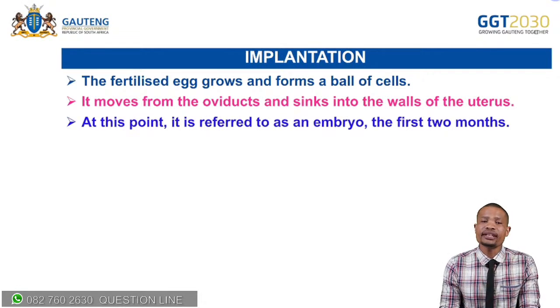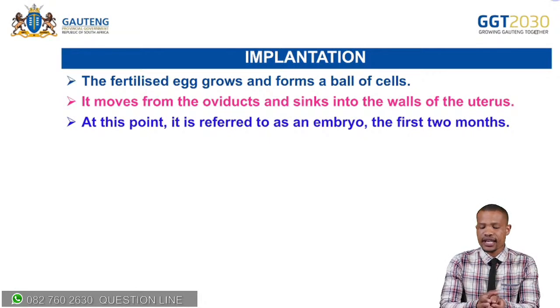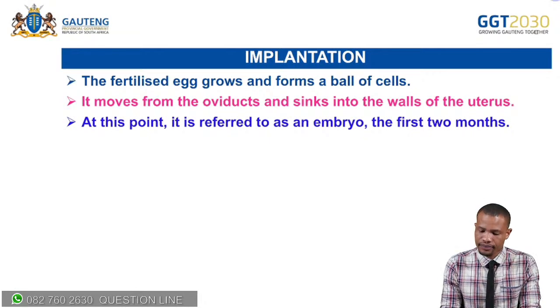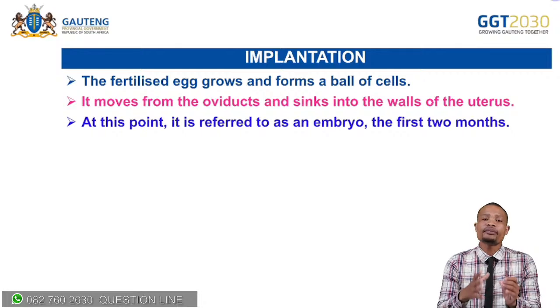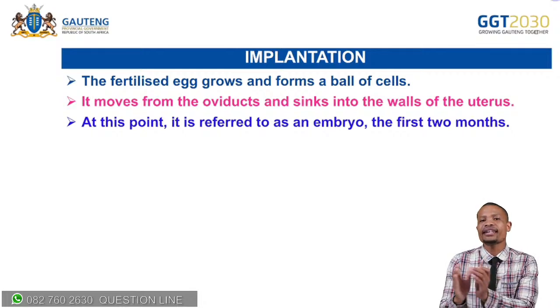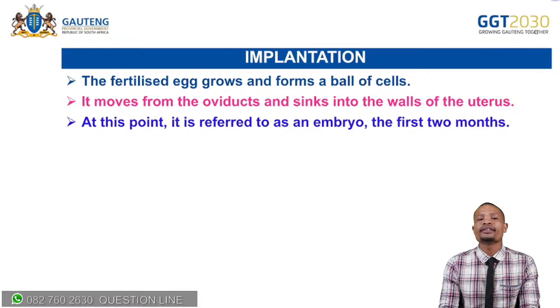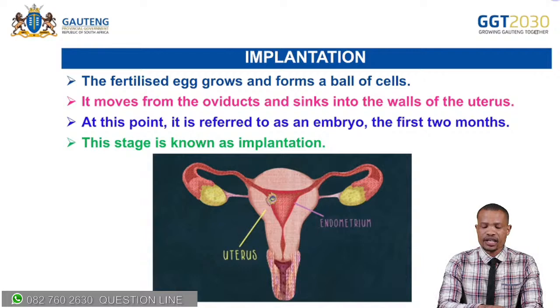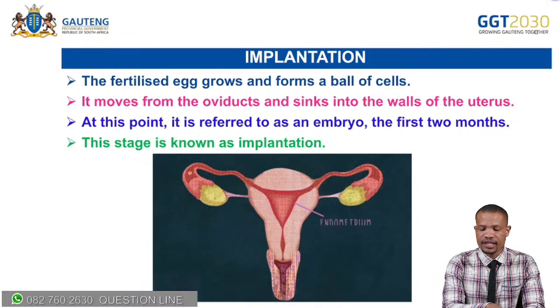At this point, we refer to this ball of cells as an embryo. This is usually during the first 8 weeks after fertilization. We refer to the ball of cells as an embryo, the first 2 months. 8 weeks is equivalent to 2 months. So this stage is known as implantation.